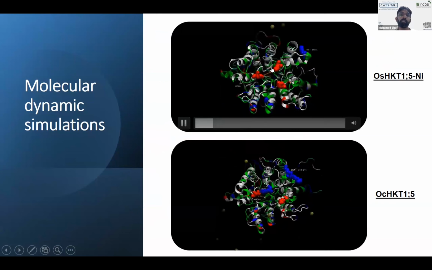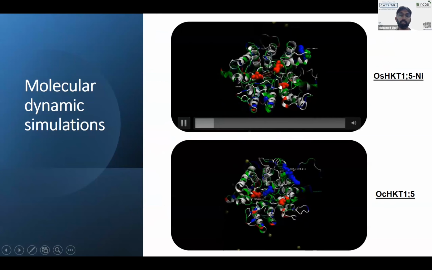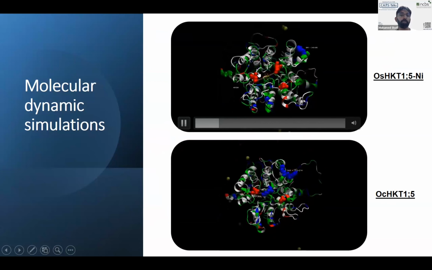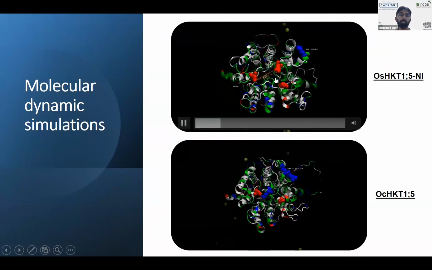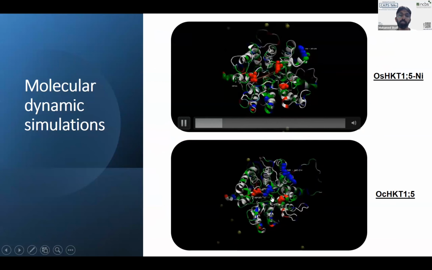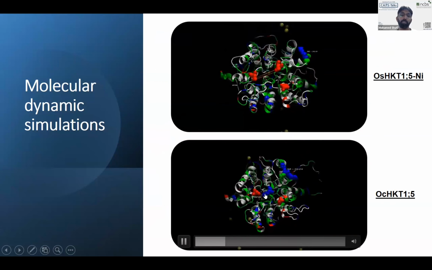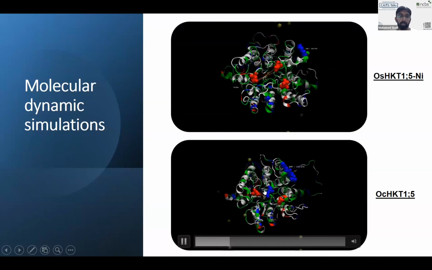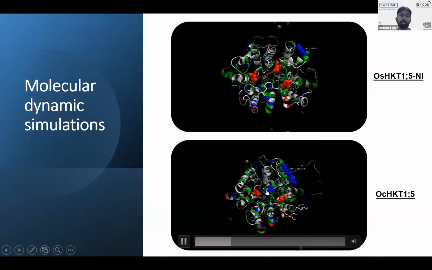What you can see here, these 3 residues are repelling each other because they have the same charge. Here in the pore region, we have a positive charge residue, and because of that, they form a salt bridge and attract each other.